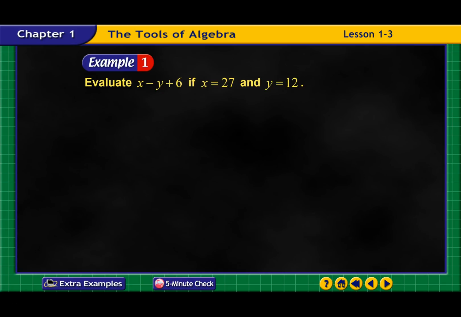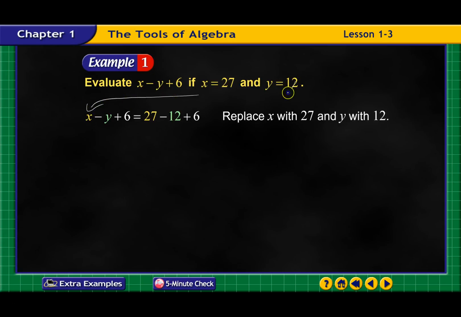Okay, so now we're going to do some substituting. Evaluate x minus y plus 6 if x equals 27 and y equals 12. First thing I'm going to do is put 27 in for x, 12 for y. So here's the 27, here's the 12.